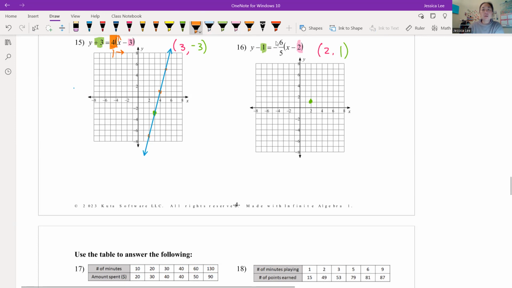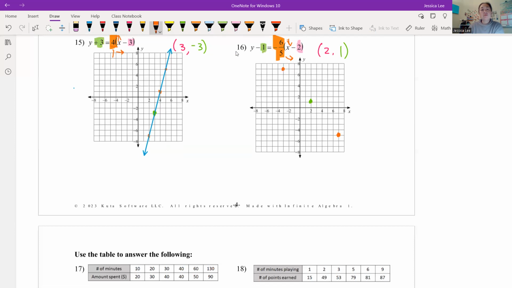And then our slope is going to be negative 6/5, which means that the negative I'm going to put to the top, so it's going to be down 6 and then to the right 5. So down 6 and then to the right 5, which is going to be at 7. Or up 6, so this is going to be 5, 6, and then to the left 5. 2, 3, 4, 5.